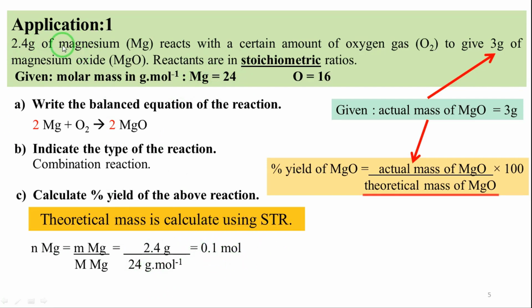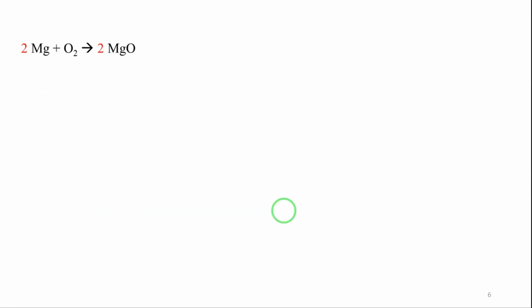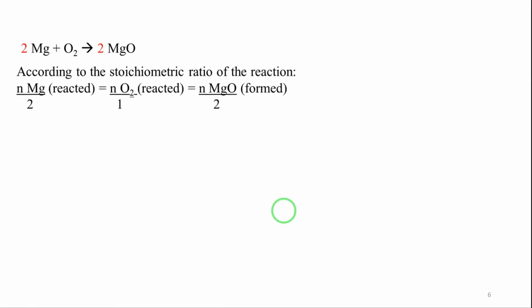So here, starting with 0.1 mole of magnesium, we can say now, according to the stoichiometric ratio of the reaction, the reacted number of moles for magnesium divided by its coefficient 2 is equal to the reacted number of moles for oxygen divided by its coefficient, which is 1, which is equal in turn to the formed number of moles for magnesium oxide divided by its coefficient, which is 2 here.